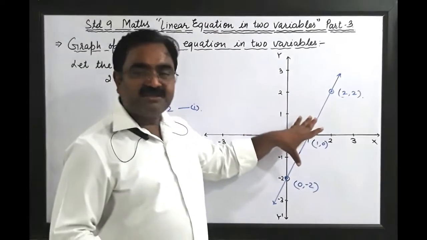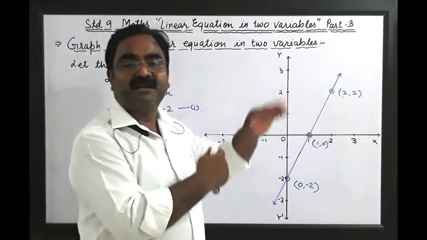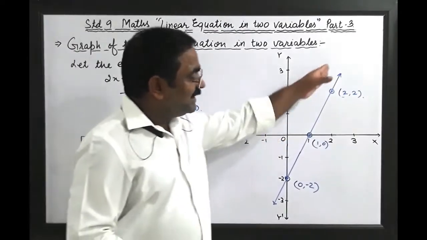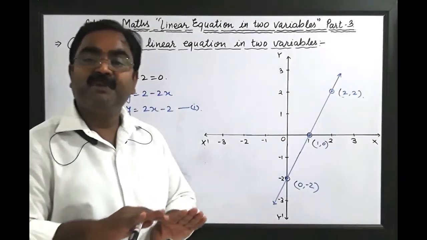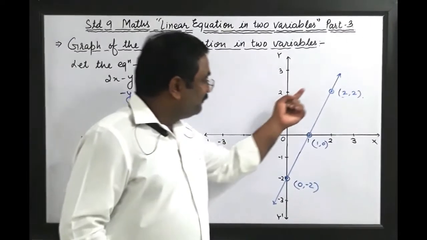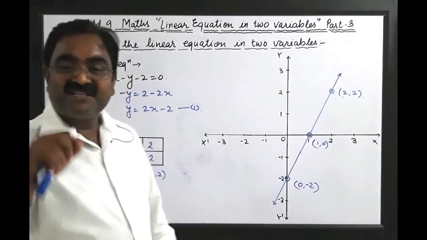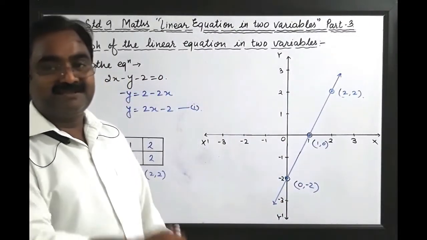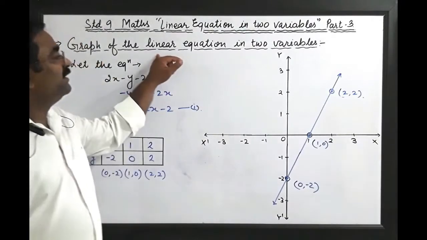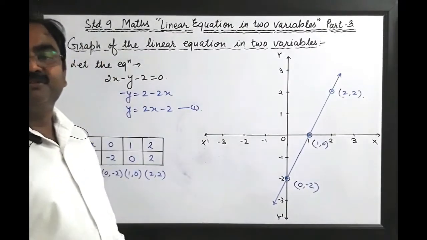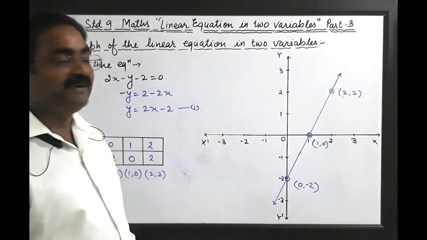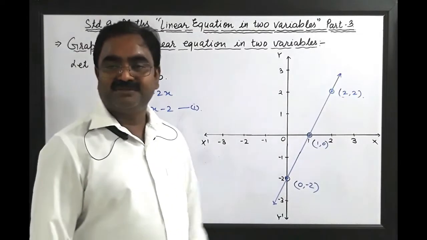This is clear with the help of this graph. As a line has infinitely many points, and every point has its specific coordinates, that's why a linear equation in two variables has infinitely many solutions.